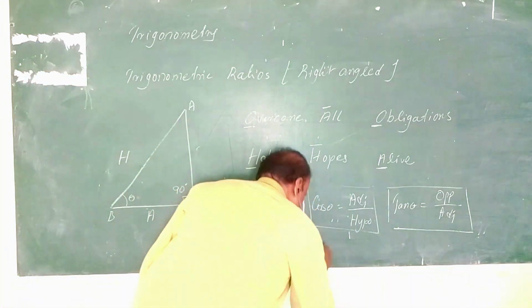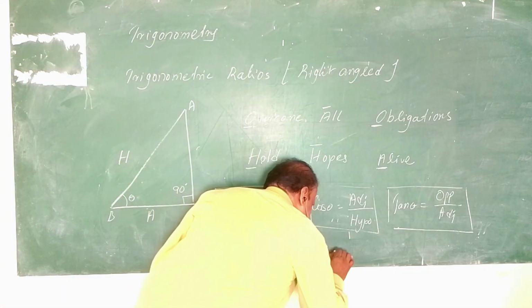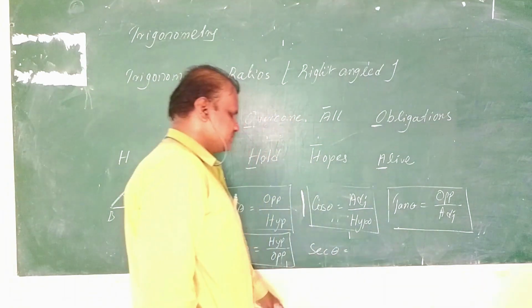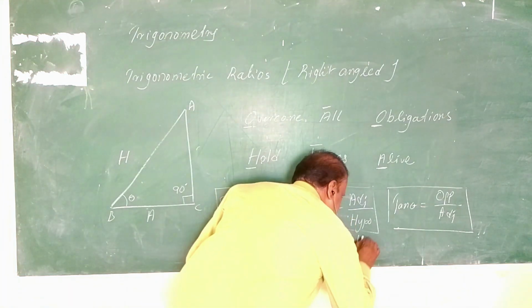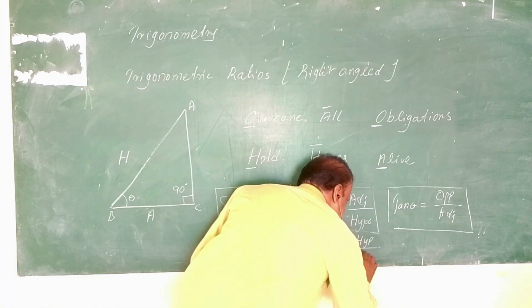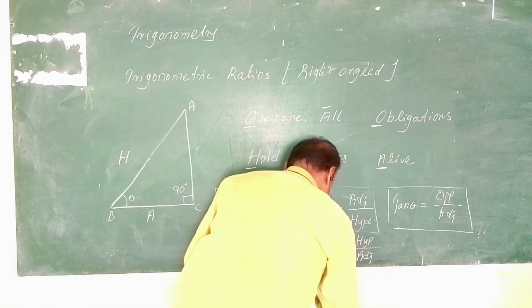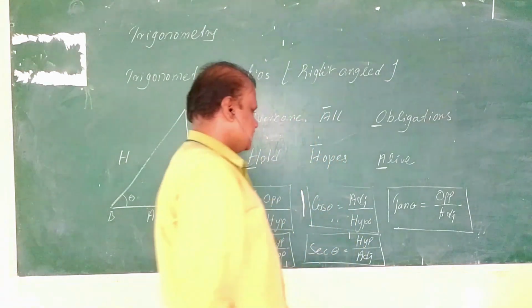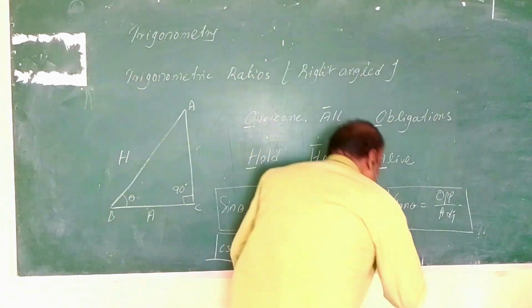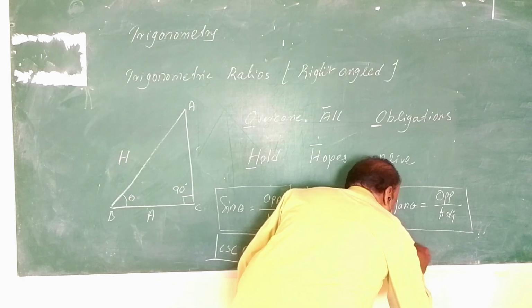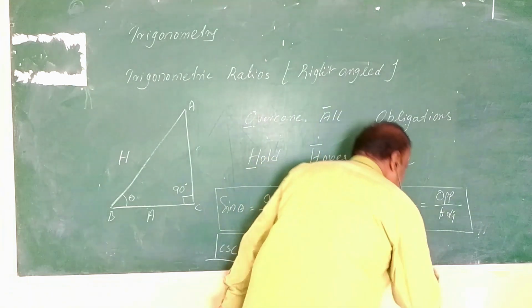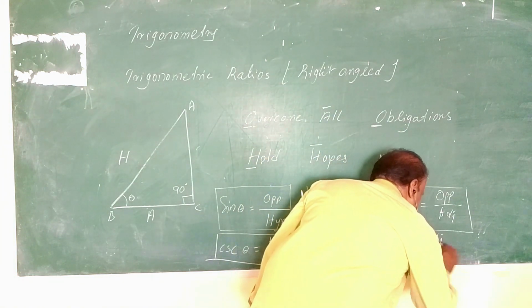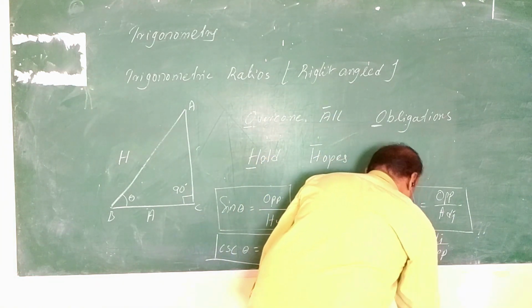The next ratio is secant theta, the reciprocal of cos, hypotenuse divided by adjacent. The sixth one is cot theta, the reciprocal of tan theta, the ratio of adjacent to opposite side.